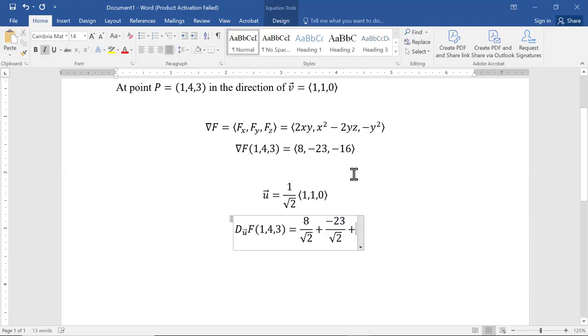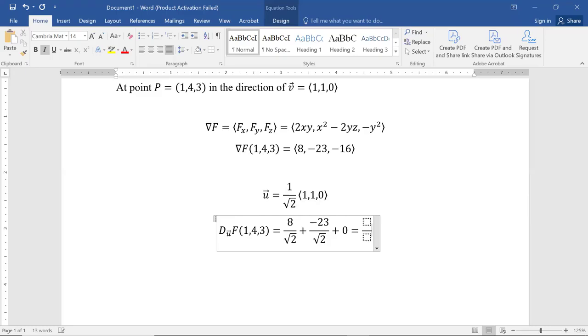plus negative 16 times 0 over the square root of 2, which is 0. So the directional derivative of my function in the direction of u at point 1, 4, 3 is going to be negative 15 divided by the square root of 2.